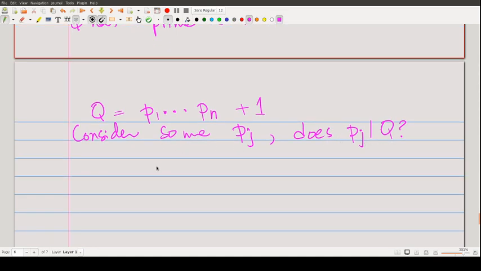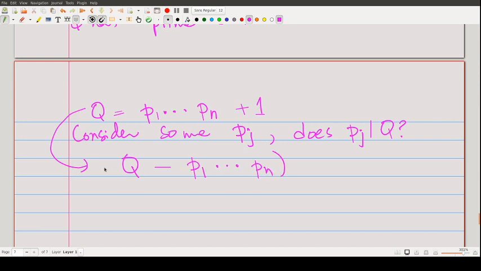And so let's suppose I can rewrite this equation as q minus p1 dot dot dot pn. And so if pj divides q, then notice that pj should also be able to divide q minus p1 to pn, because if it's a divisor of q, then it's going to divide this number, and it's already in this list, so it has to divide this.